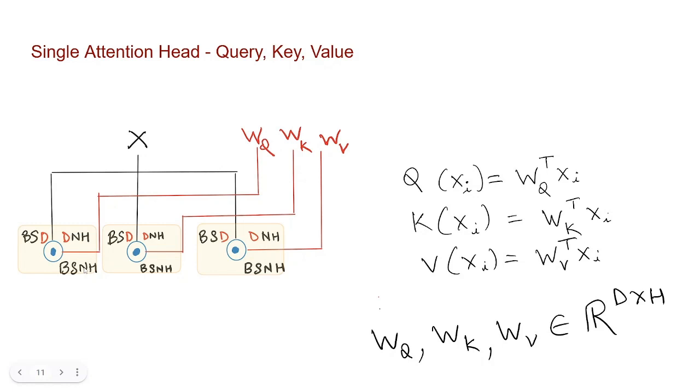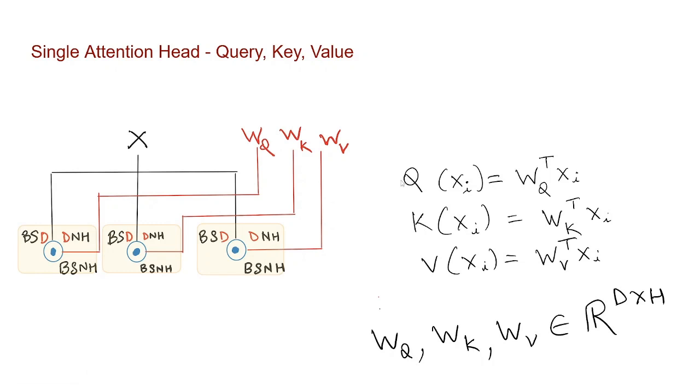So consider N equal to 1 and B equal to 1. Then, just as we saw here, each token in the sequence is projected into an H-dimensional vector. And same thing for key and value. In effect, what we did was we did contraction over D in all of these cases. So D is the contracting dimension here.